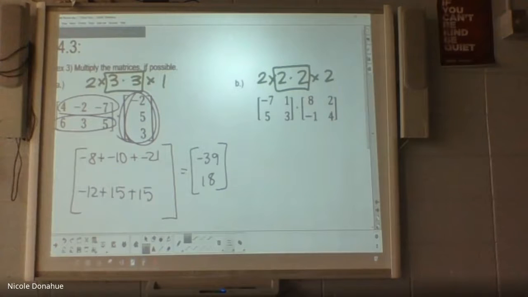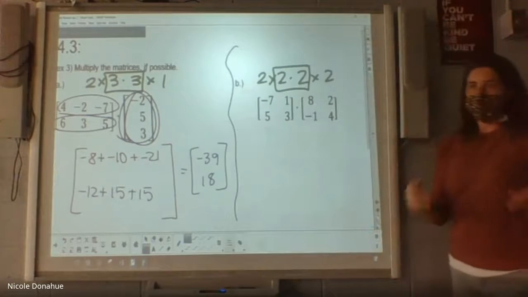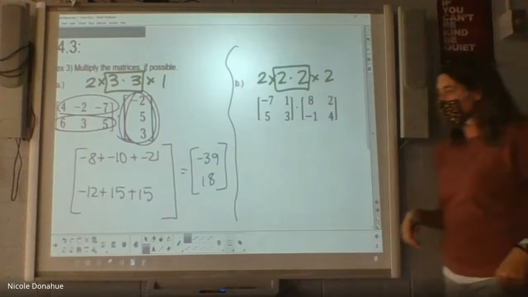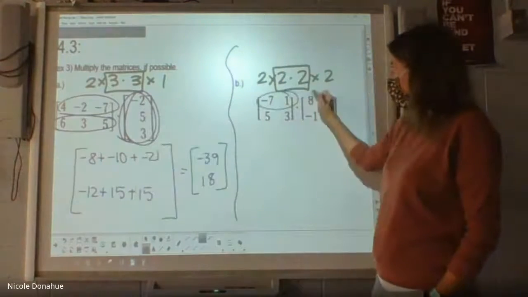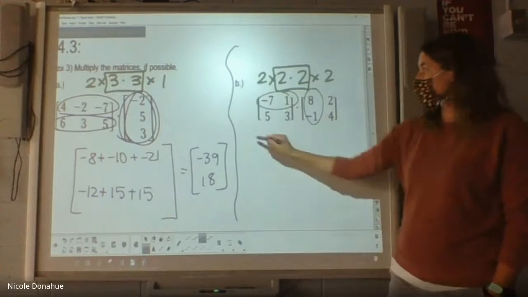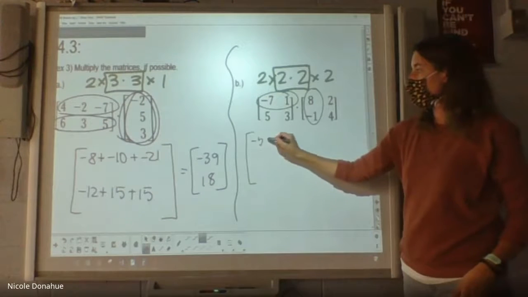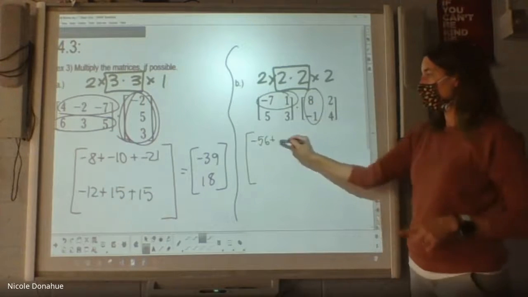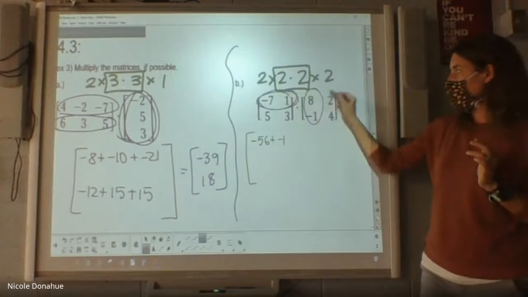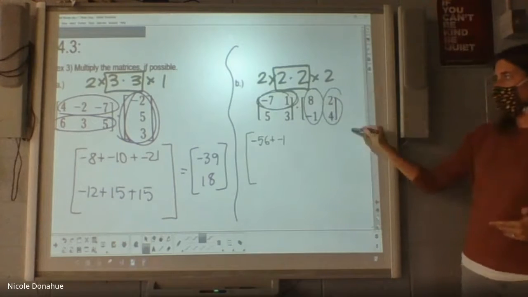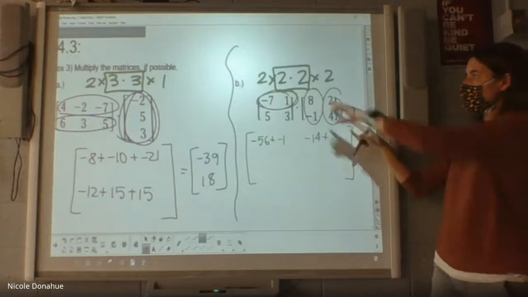Now the next one is a 2-by-2. For whatever reason, this is maybe a little bit easier because everything matches up really nicely. So row times column. So we have 56 plus a -1. I'm going to do row times the next column, so then I come over one slot here. -14 plus 4.